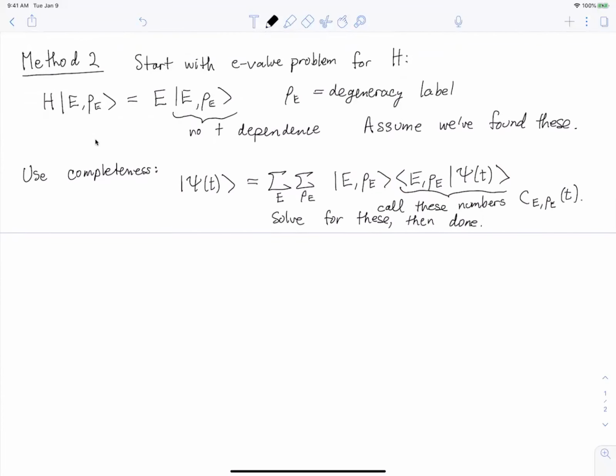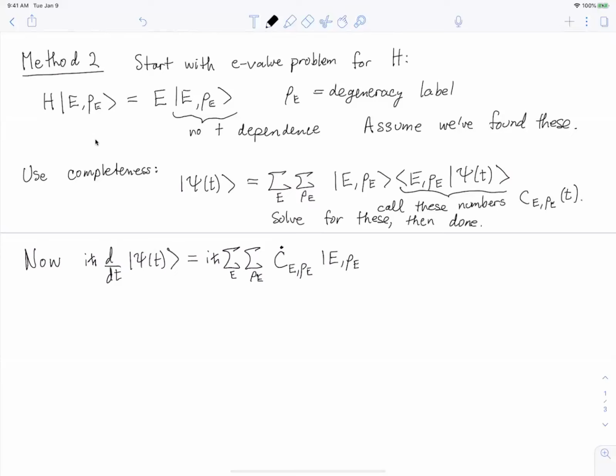Okay, so to solve for these, we're going to plug into Schrodinger's equation. So we have i h bar time derivative of psi of t equals i h bar sum over energies, sum over degeneracy label for each energy. And now the only time dependence is in the coefficients. So I'm going to write the time derivative as a dot. And by assumption, the basis kets don't depend on time.